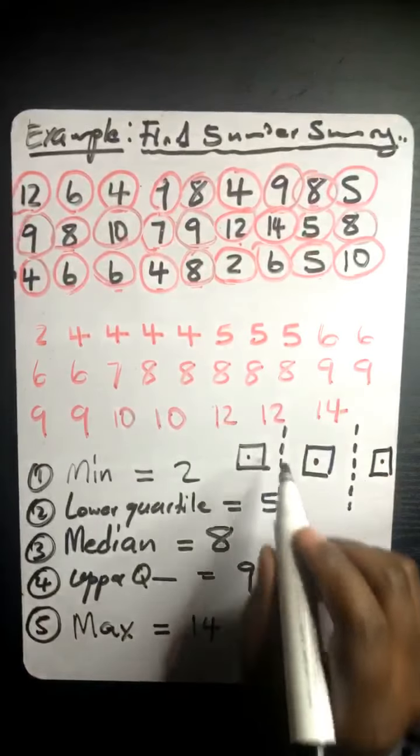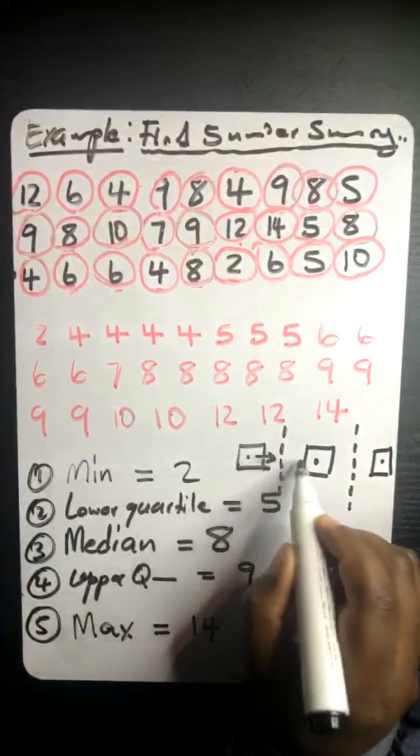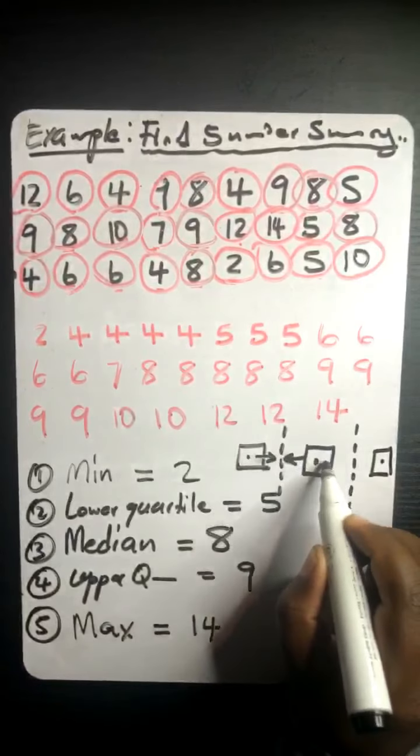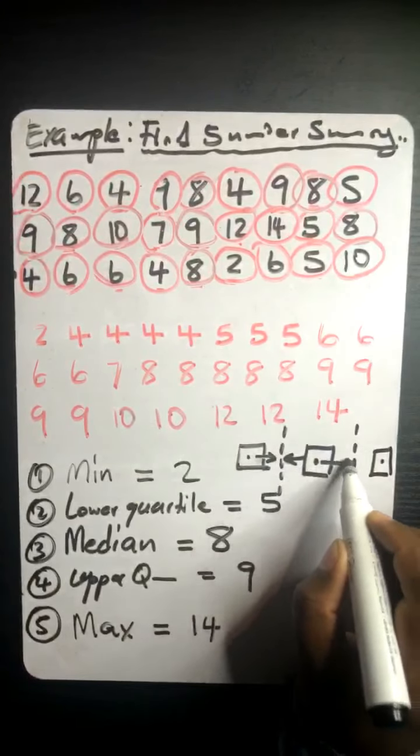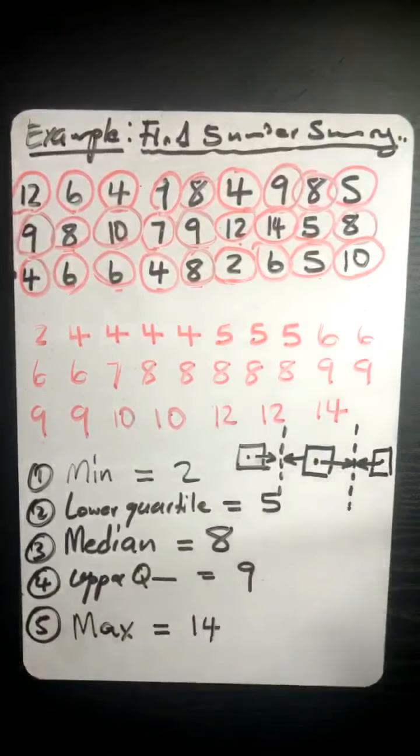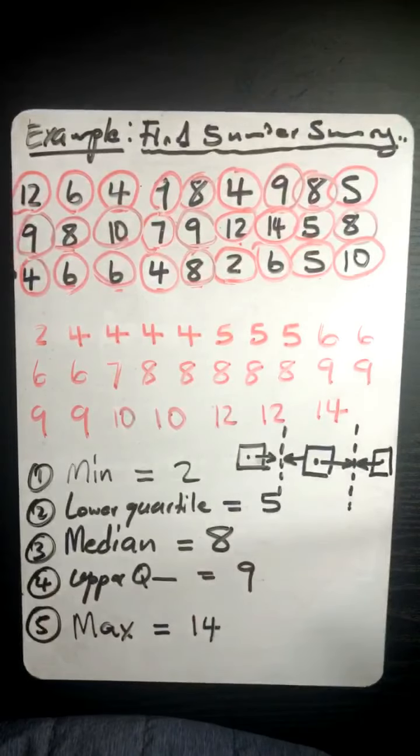So whichever way you calculated your Q1, you also do the same by starting from the middle value up to that value there. Did I answer there, Tabile? I just noticed now that it's not easy to explain.